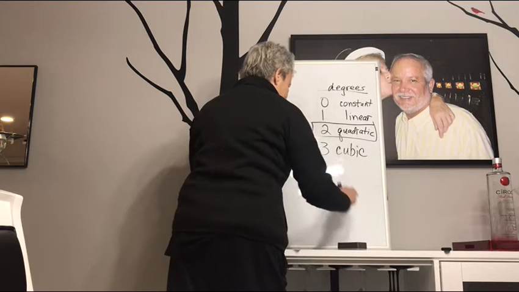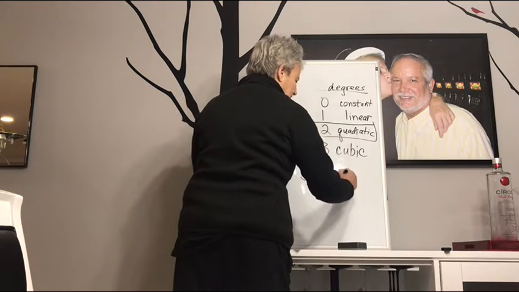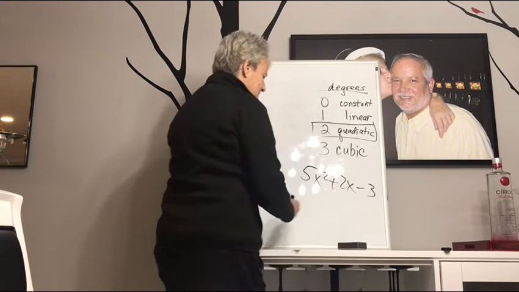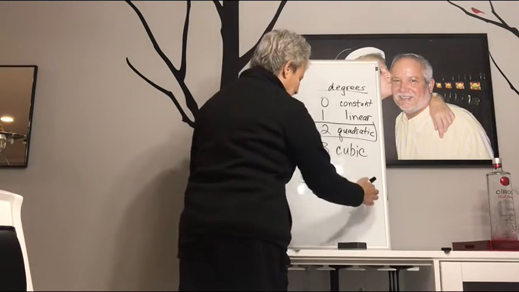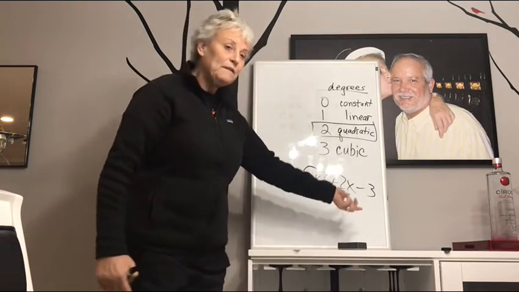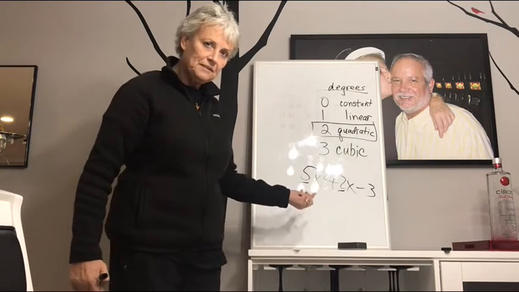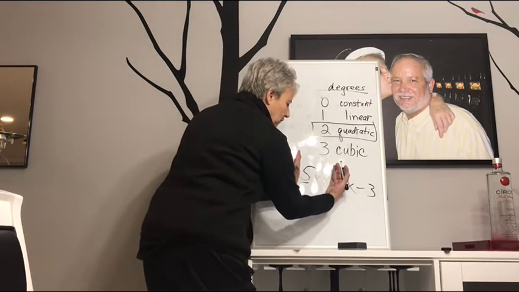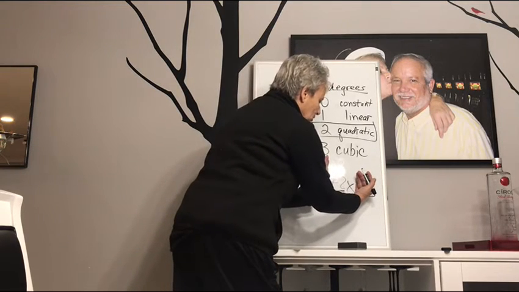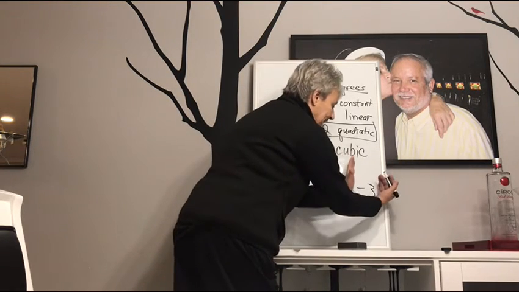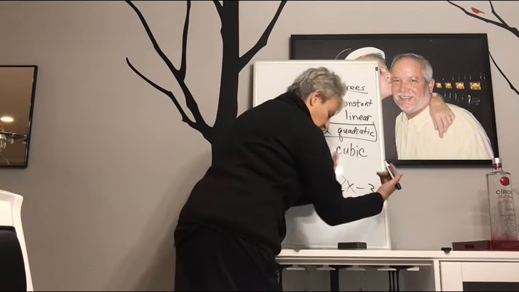You might have 5x squared plus 2x minus 3. That's a coefficient. That's a coefficient. That is a constant. And the leading coefficient is 5. A monomial by itself would be a monomial with a degree of 2, a monomial with a degree of 1, and a constant with a degree of 0.